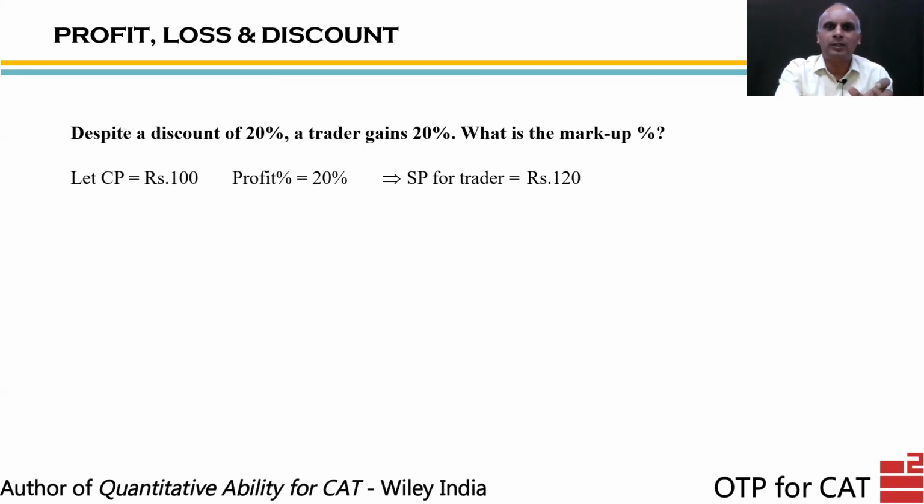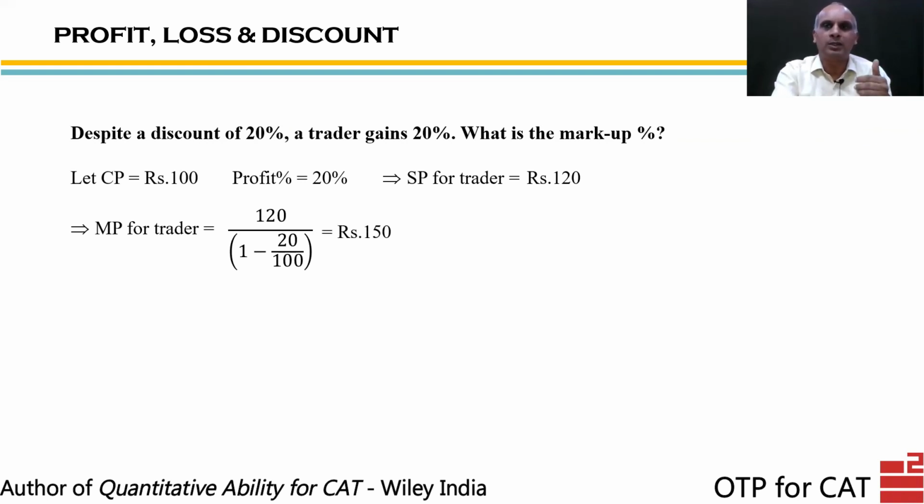Now I know SP for the trader is 120 and I'm given in the question that discount is 20%. Recall the formula connecting between SP and MP. So if I know SP is 120 and discount percent is 20%, I can find out the mark price for the trader, which is 120 divided by 1 minus 20%. And that comes out to 120 upon 0.8, which is 150.